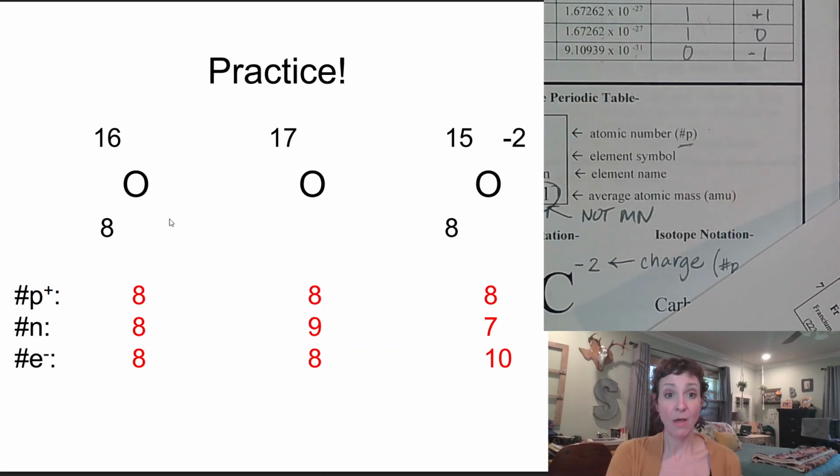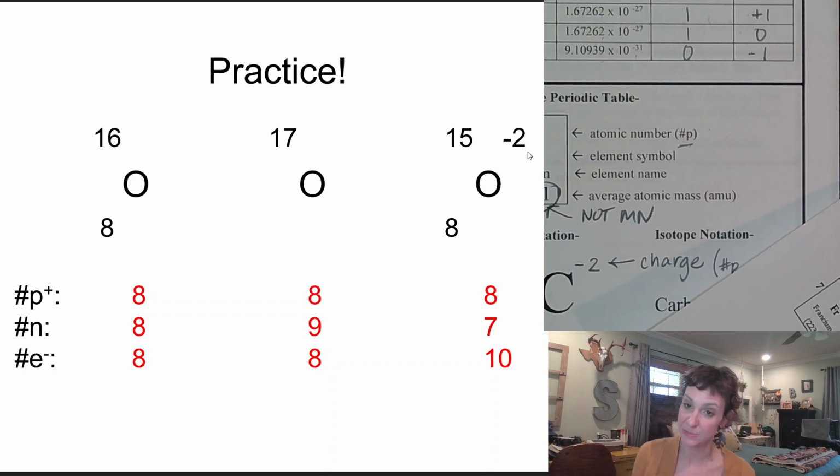Now, these first 2 are neutral atoms, which means that they have the exact same number of electrons as they have protons. This one right here has a -2 charge, so it does not have 8 electrons to match its 8 protons. You can either solve for the charge by saying protons minus electrons will give you that charge.